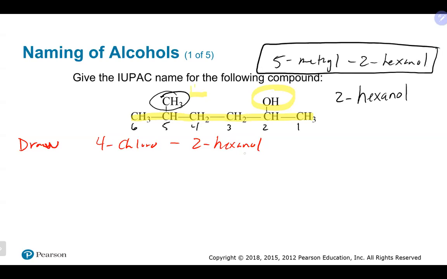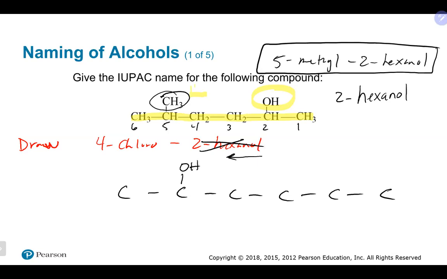All right, so I ended up with apparently just like that one. That's going to be hexanol, which is 6. Since I'm drawing it, I'm going to go left to right and make my 2-hexanol, my OH group right there at carbon number 2.